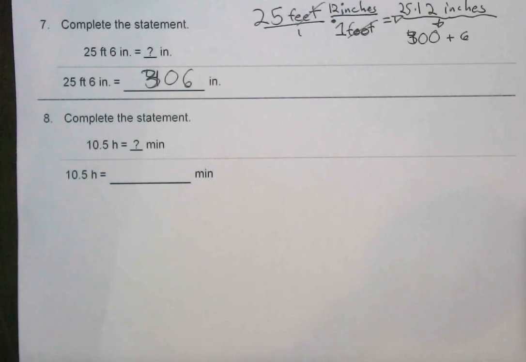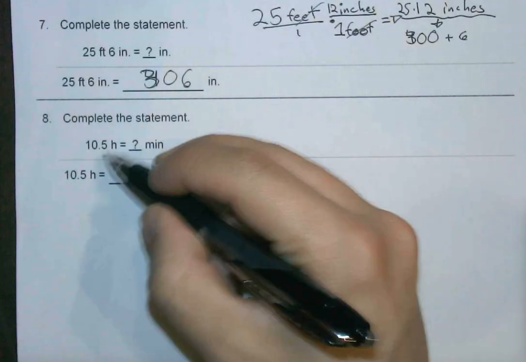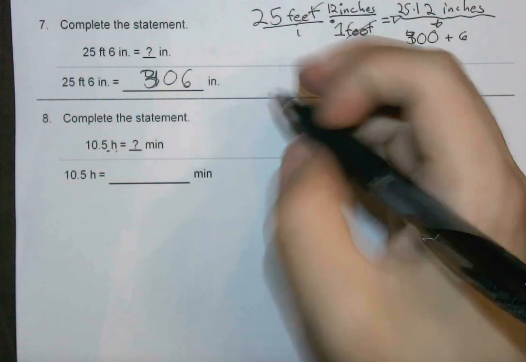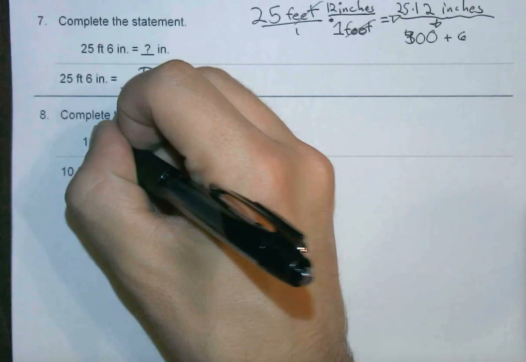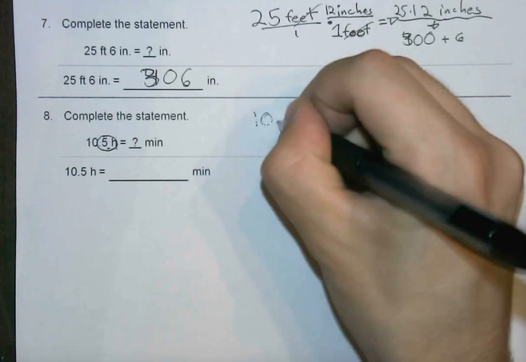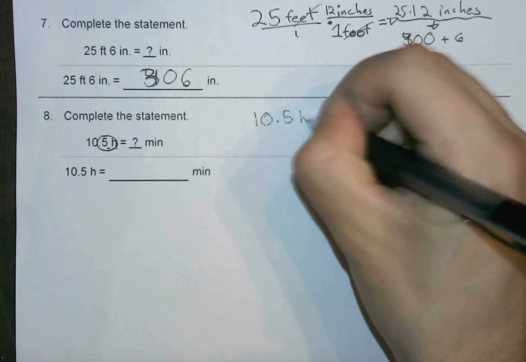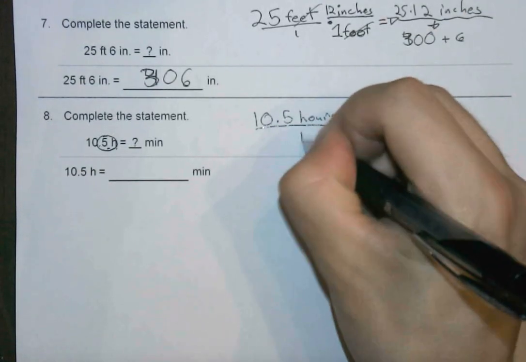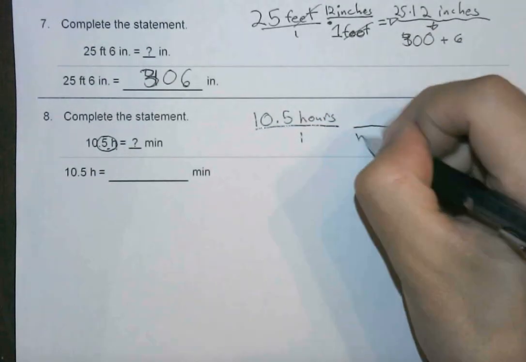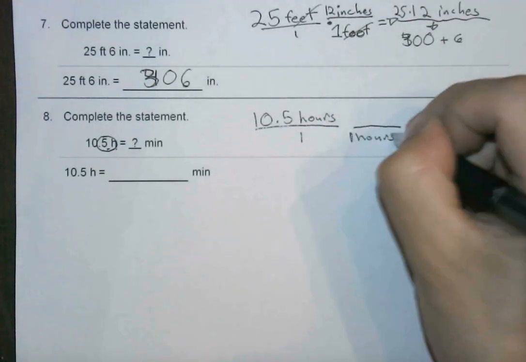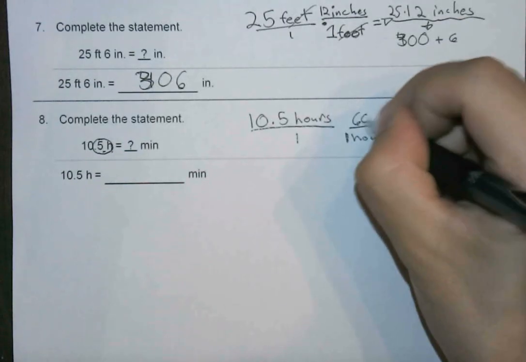Going from hours to minutes, you know that you already have 0.5 hours already spoken for. So you know that this 0.5 you could really just rewrite as 30 minutes, but I'll show you how to do the rest of it. So you have 10.5 hours. You're trying to get rid of hours and you're trying to be left with minutes. So there's 60 minutes in an hour.